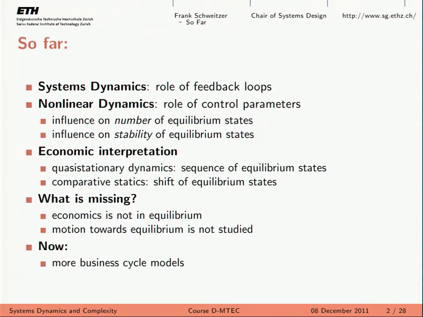Today's lecture continues what we started last time, and that is the business cycles, modeling business cycles. Basically, this is the same slide as last lecture. A quick reminder: what we looked at so far was a mathematical way to get oscillations. We looked at nonlinear dynamics.